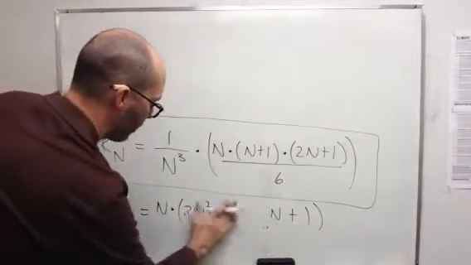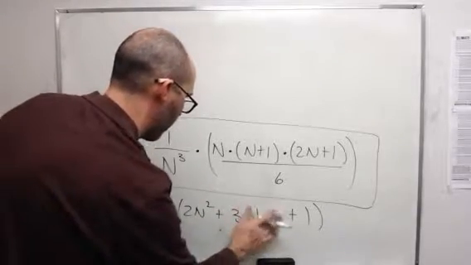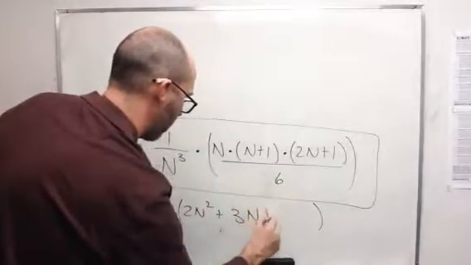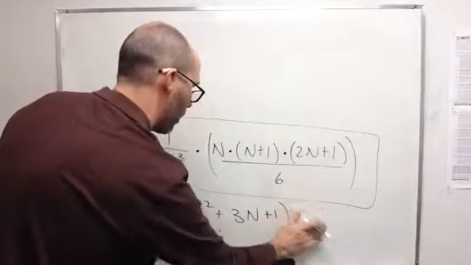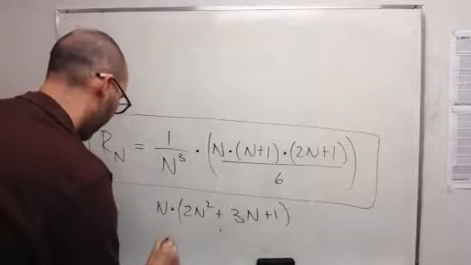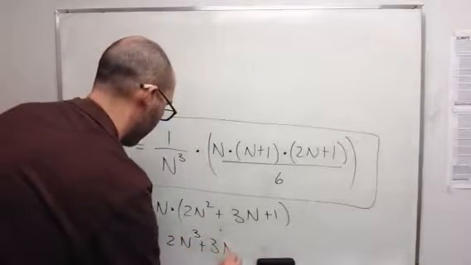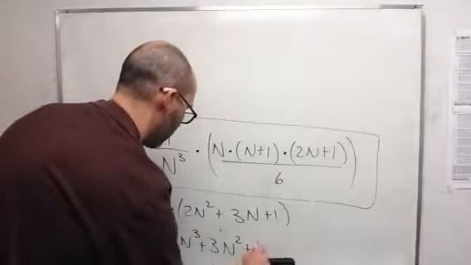N and 2n give us a 3n. Multiplying the n through, we have 2n cubed plus 3n squared plus n.